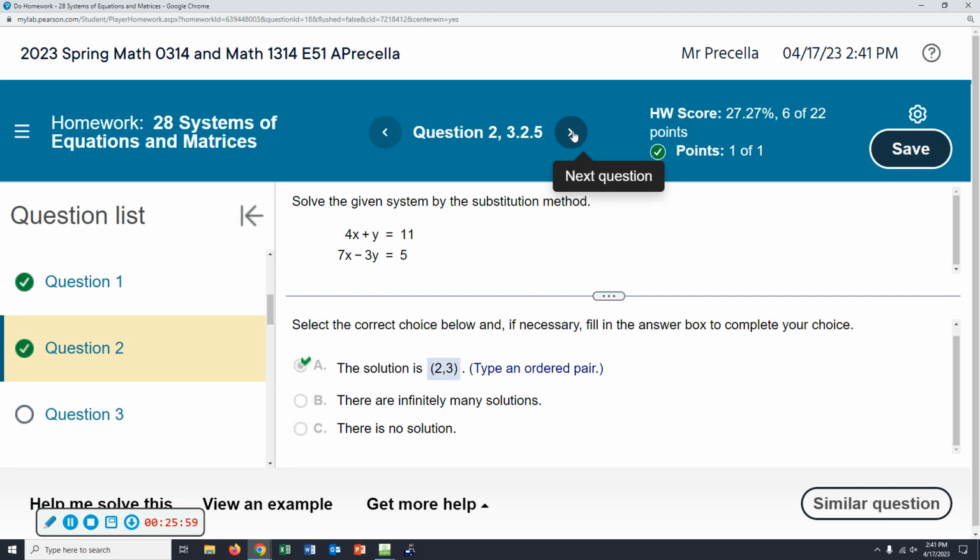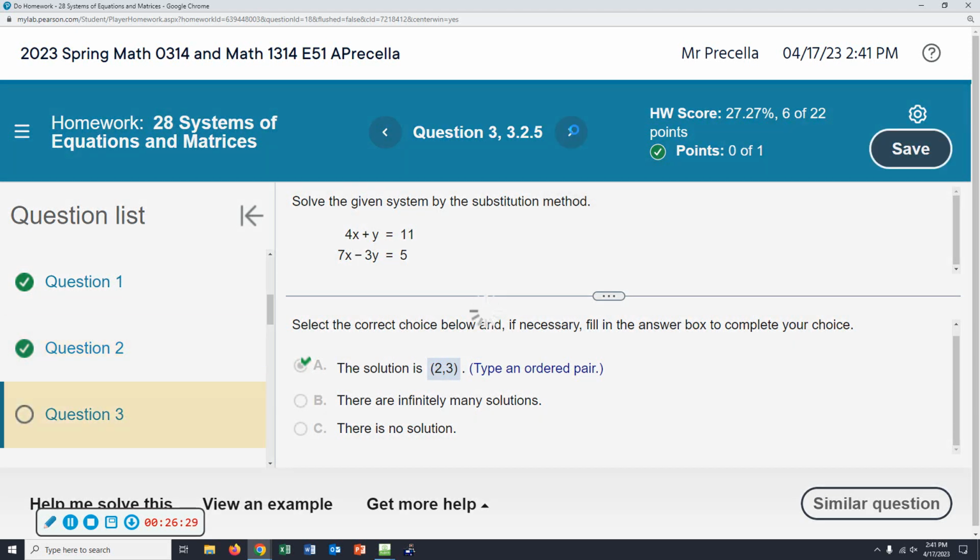The only reason or way you would ever want to use substitution is if there's one of those variables that you can easily solve for without getting a fraction. If there was some number in front of this y here, I wouldn't use substitution, even if it said use substitution, because you're going to wind up with a huge mess. You're going to be plugging fractions in down here.